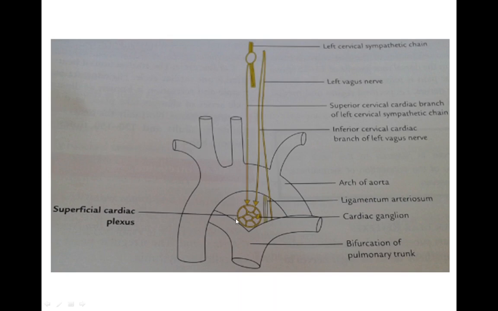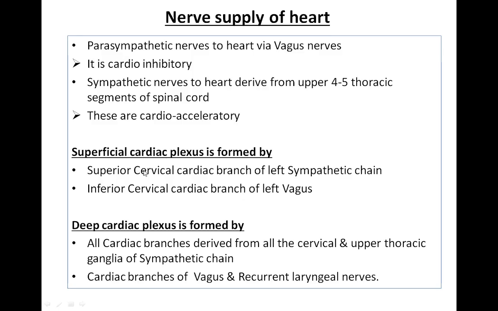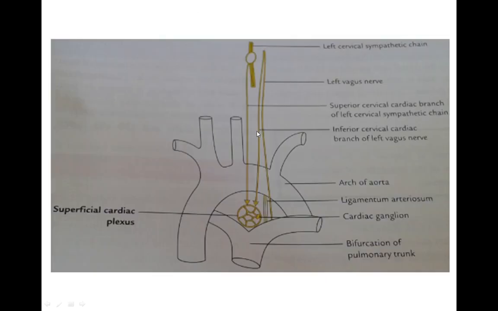It will come down and form the superficial cardiac plexus beneath our aortic arch, together with the inferior cervical cardiac branch of the left vagus. These two will form the plexus. Here is the ganglion, and from the ganglion, postganglionic fibers will go and supply the heart.